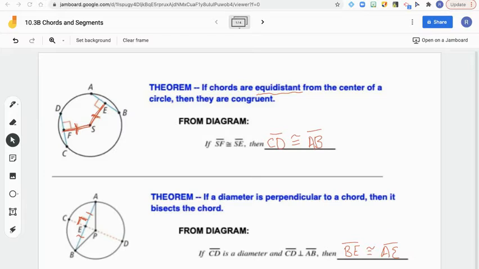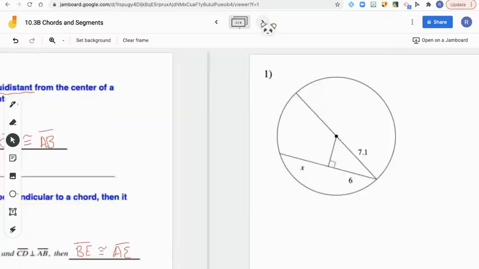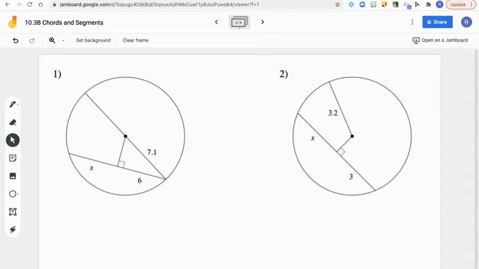So we're going to look at a couple of practice problems with these properties of chords. This first one, you have two circles, and we're trying to find some lengths. Here we're trying to find this X. Now this property is dealing with a length that is perpendicular.